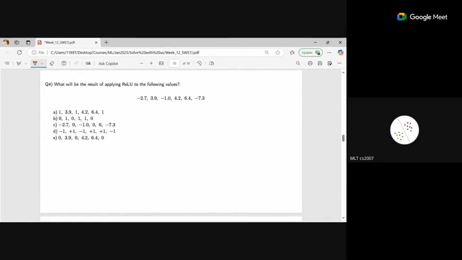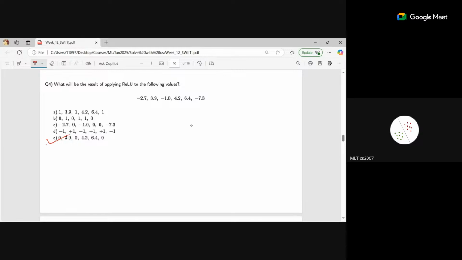Okay. So the next question that we have is on the ReLU function. You're given these values, which are minus 2.7, 3.9, and so on, and you have to find out what the output will be if you apply the ReLU function to these values. The last option, that's correct, right?